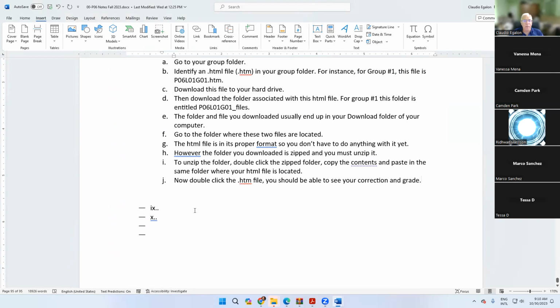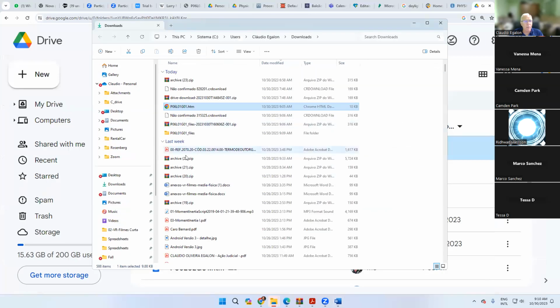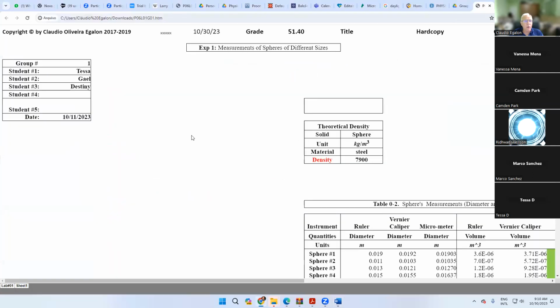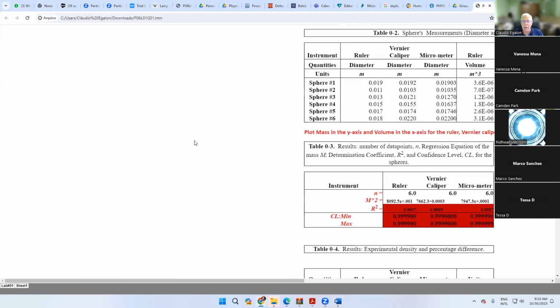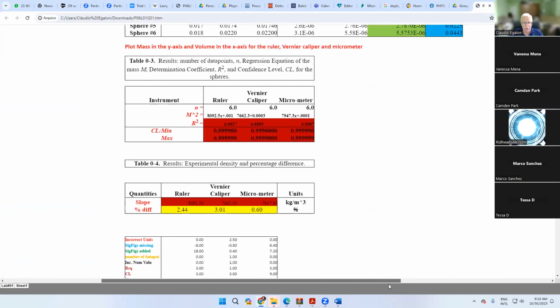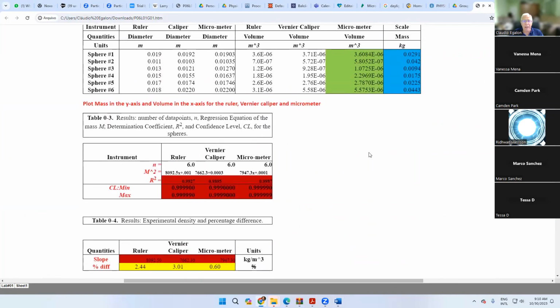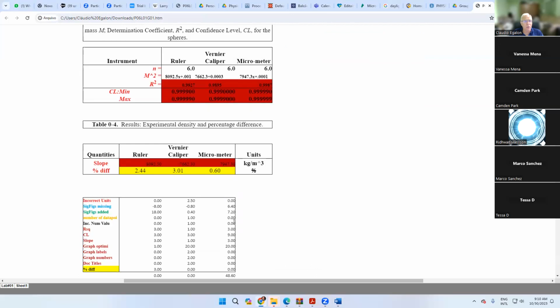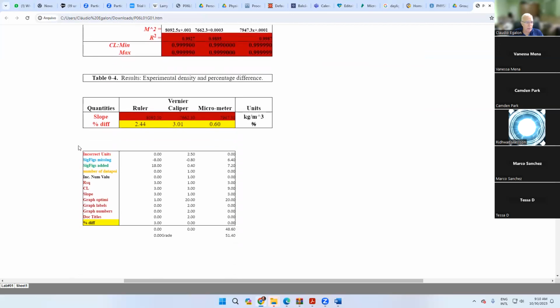Once you double-click the HTML file, you will be able to see the contents right in here, okay? If you have too many mistakes, you're going to have all those colored. And here is the table with your mistakes and your grade, your final grade is here.